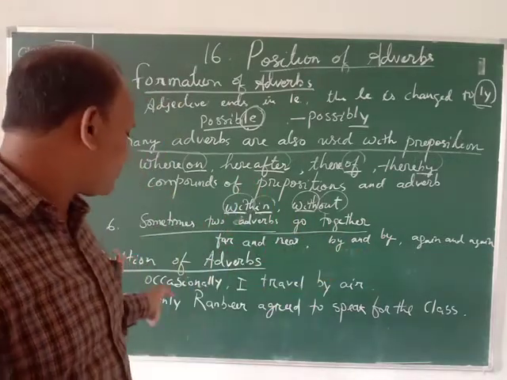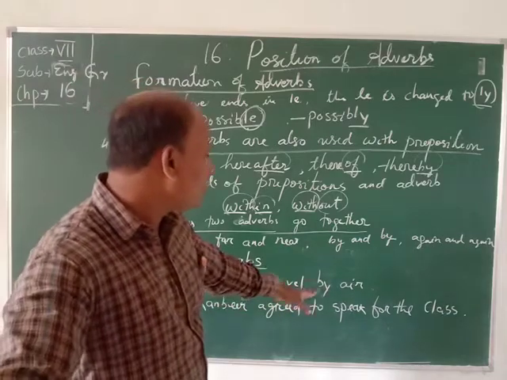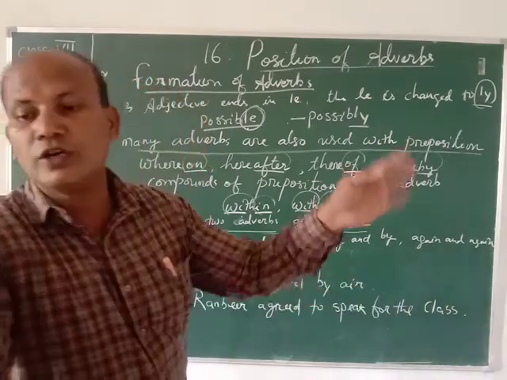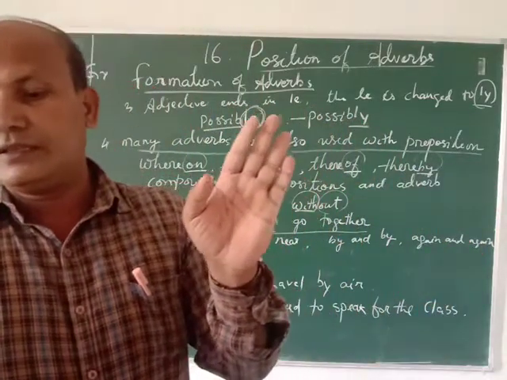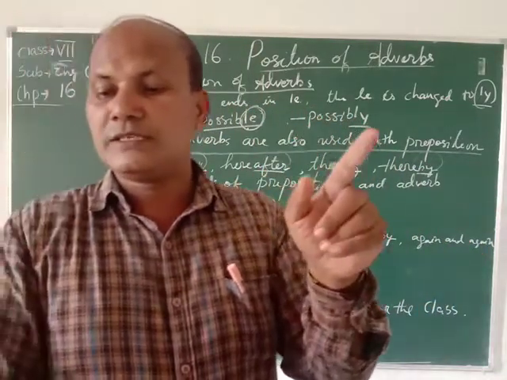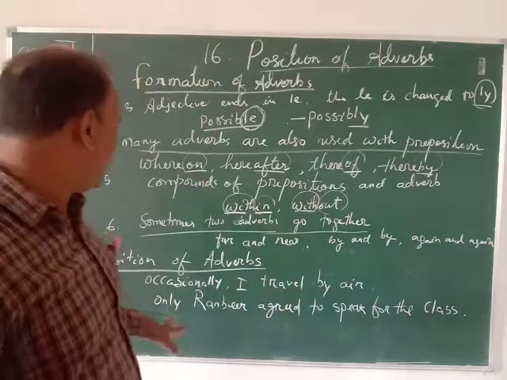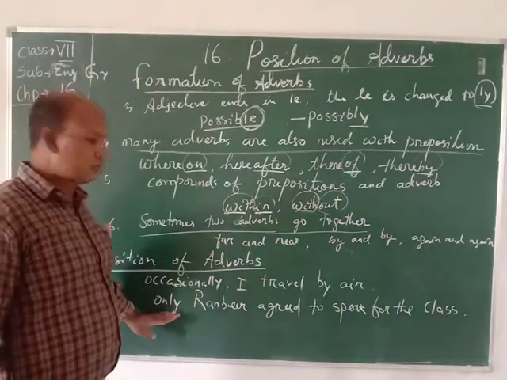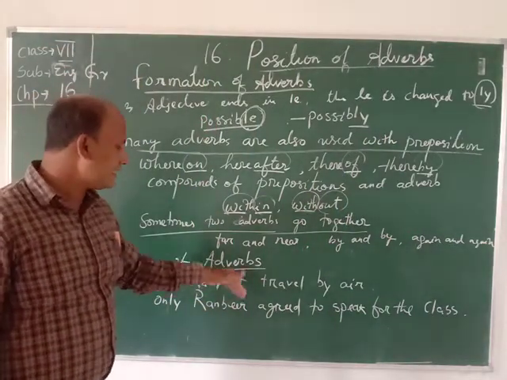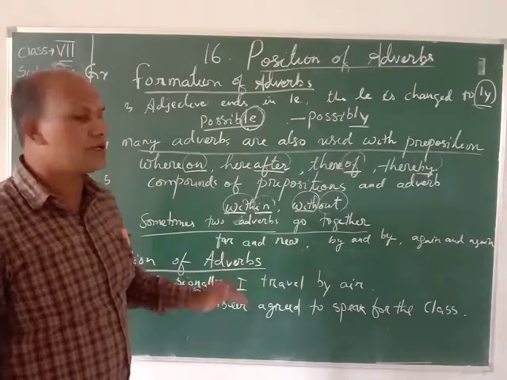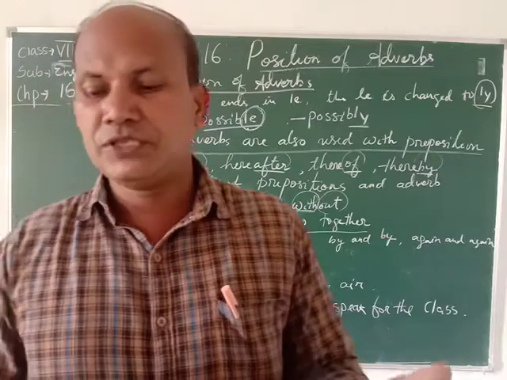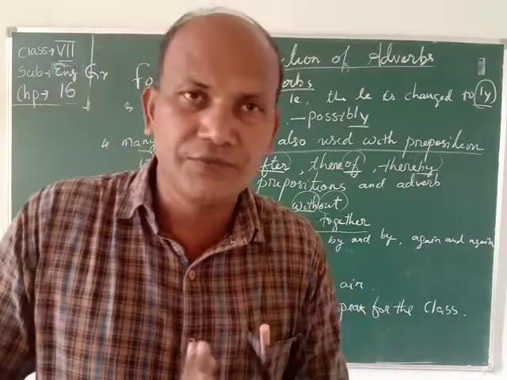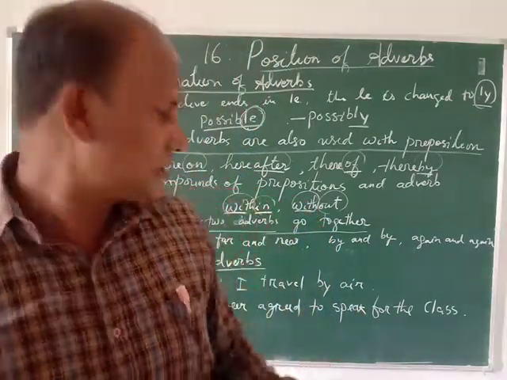Third option, Ranbir agreed to speak for the class only, means no other student agreed to speak. Ranbir would speak for the class and no one else. Only can be used according to different types. Only Ranbir agreed, Ranbir only agreed, Ranbir agreed to speak for the class only. In three ways you can say it, and the position can be changed to give a different meaning. So I hope you have understood whatever I discussed.